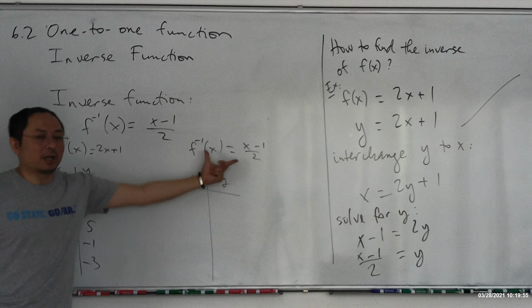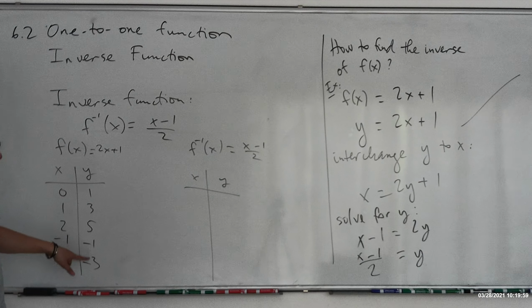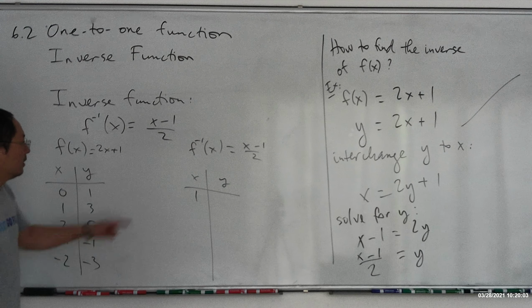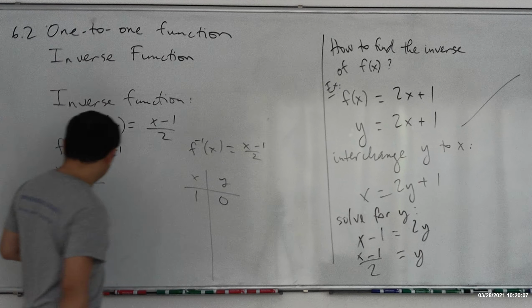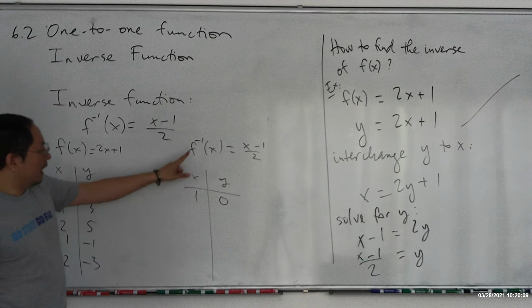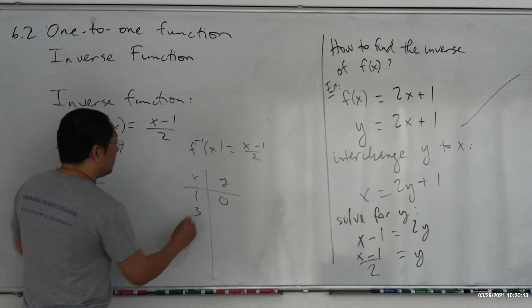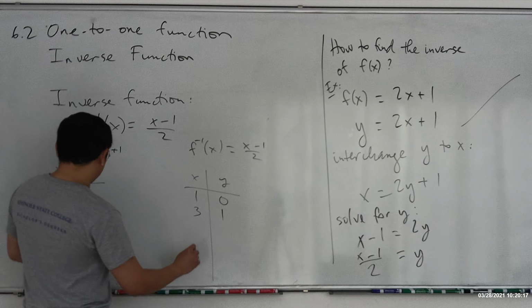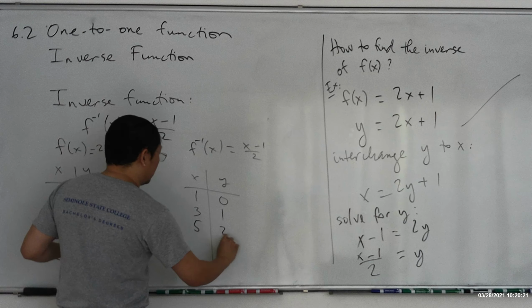Now I'm going to try the inverse function. I'm going to try those outputs of the original function, which are the inputs for the inverse. If I plug 1 in, 1 minus 1 is 0, divided by 2 is 0. You see? This is 0 in, 1 out for the original. The inverse is 1 in, 0 out. Try 3 in. 3 minus 1 is 2, divided by 2 is 1. Try 5 in. 5 minus 1 is 4, divided by 2 is 2.